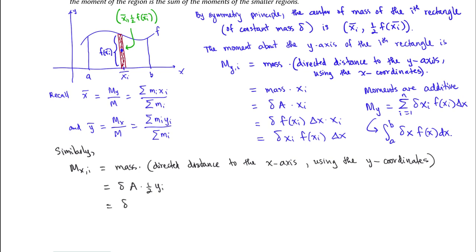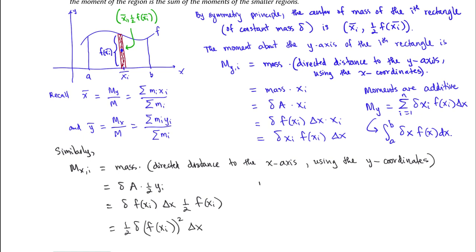This is delta times f of x_i times delta x for the area, times 1/2 y_i, and y_i is f of x_i. Simplifying this, we have 1/2 times delta times f of x_i, the quantity squared, times delta x.